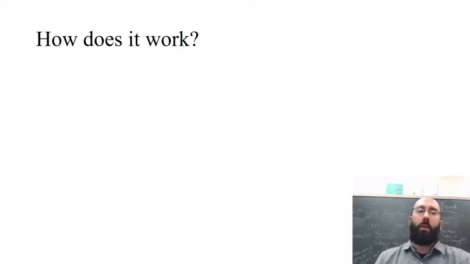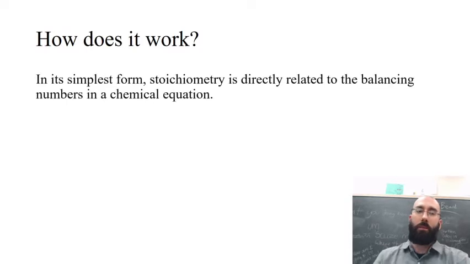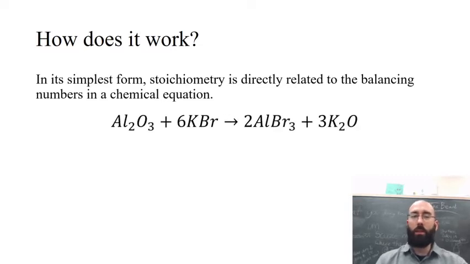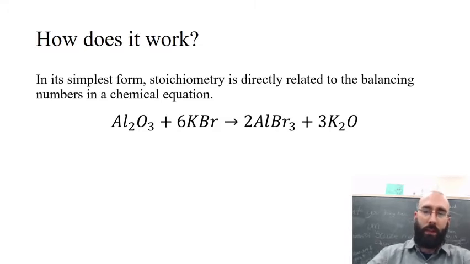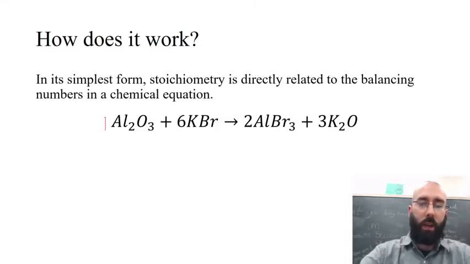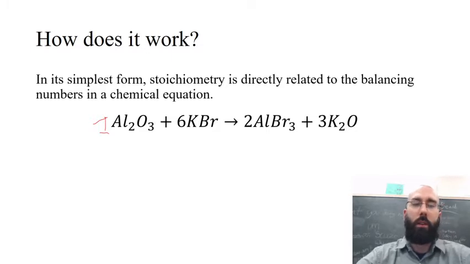Now we're going to see a real simple example of how this works with chemistry. In its simplest form, stoichiometry is directly related to the balancing numbers in a chemical equation. Given this chemical equation, it tells us a couple things. It tells us for every one aluminum oxide here, it reacts with 6 potassium bromides to make 2 aluminum bromides and 3 potassium oxides.